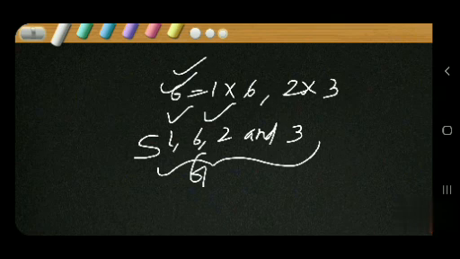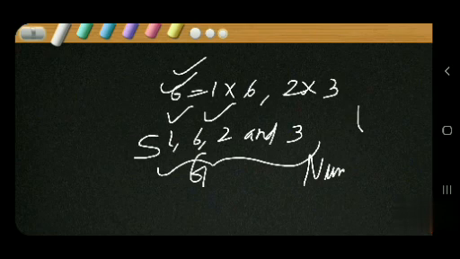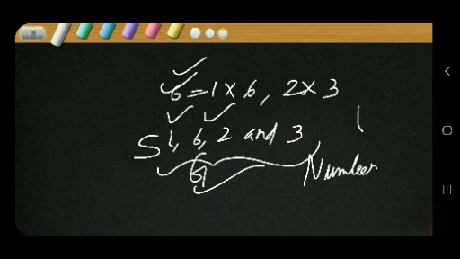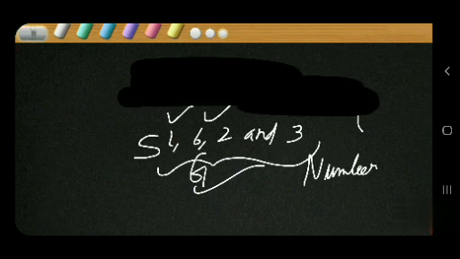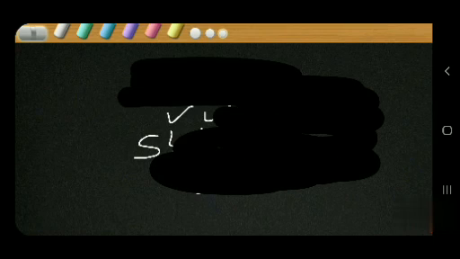So, which is the smallest factor of a given number? 1, isn't it? And which is the greatest or largest factor of a given number? Yes, the number itself. Got it? Have you understood? So let's discuss one more case. Which are the factors of 4?